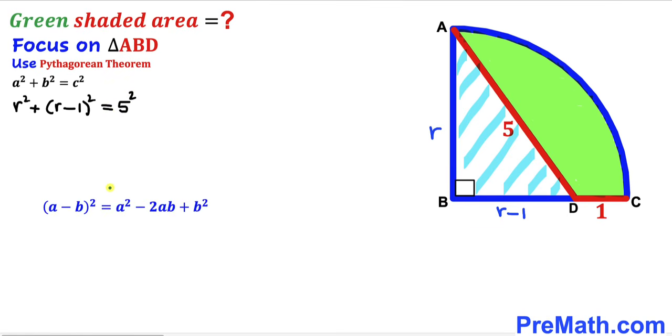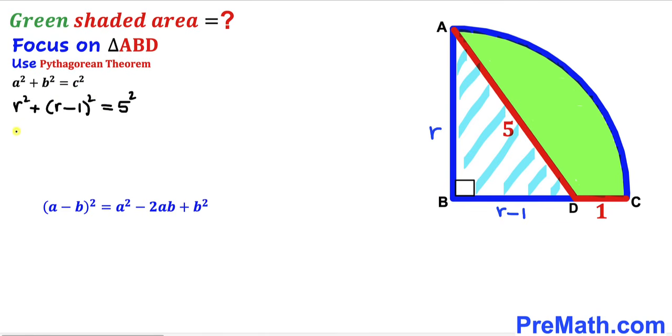Now let's recall this famous identity: a minus b whole square can be written as a square minus 2 times ab plus b square. We are going to apply this identity on the left hand side of this equation, on this binomial.